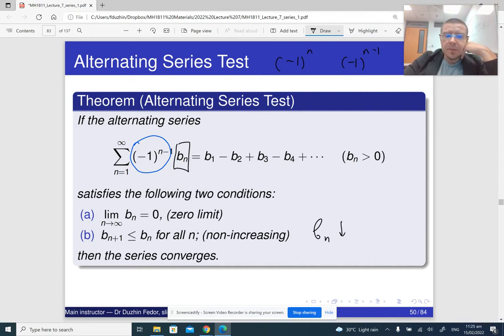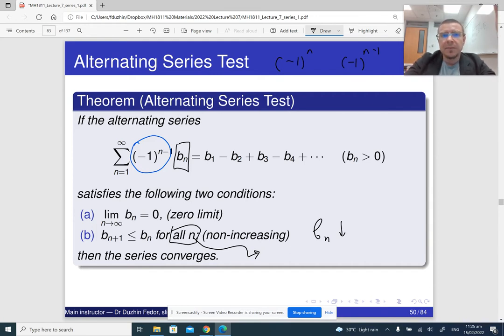Then the series converges. So notice that it says for all n here, but actually it doesn't have to be for all n. It's just common sense. Convergence of a series is a condition on the limit, right? So it has to do with the behavior of the series at infinity.